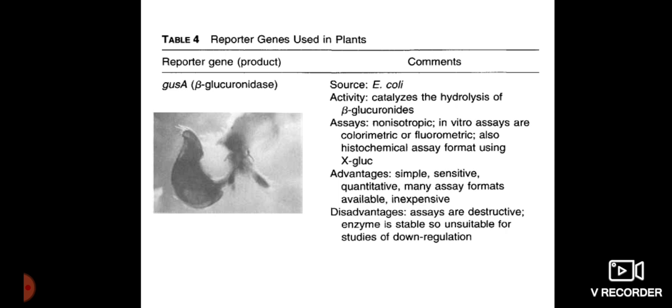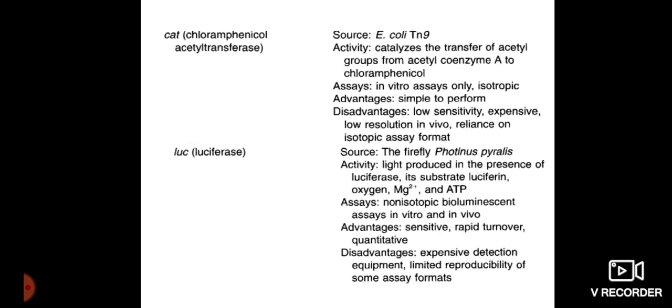The assay is non-isotopic, and in vitro assays can be done through colorimetry or fluorometry, in combination with an X-gluc group. Advantage-wise, it is a very simple, sensitive, quantitative method. Disadvantage-wise, it is a destructive method, and the enzyme is stable, so it is unsuitable for studies of down regulation.